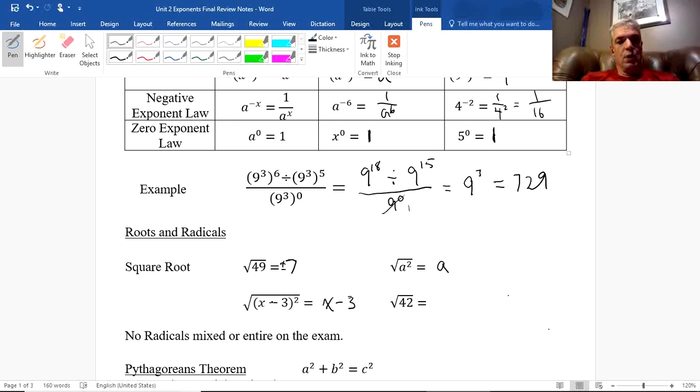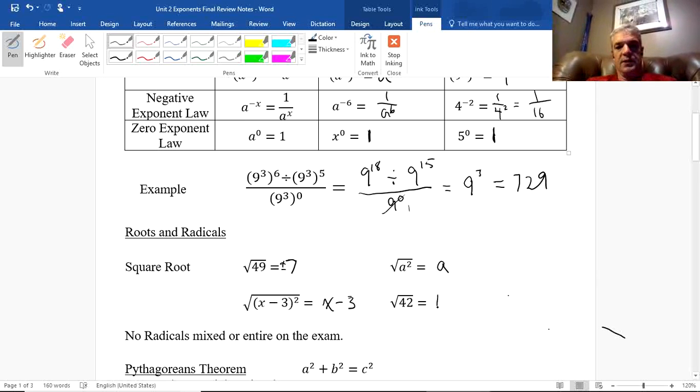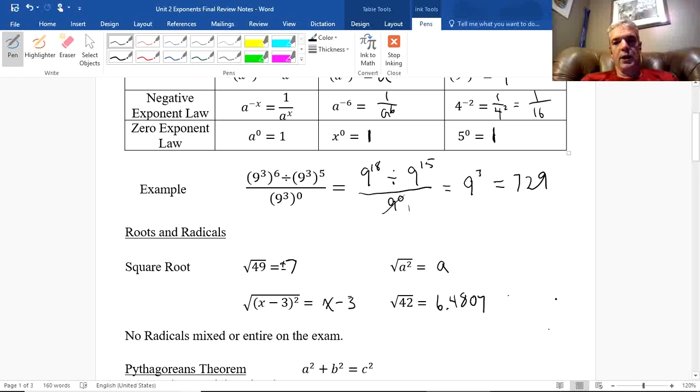So square root of 42, you need to use your calculator for something like this. You can't just memorize them, although we do memorize most of the perfect squares, right? And I will list those for a quick second, at least up to 12 times 12. This works out to 6.4807... Just keeps going on and on. It's what they call non-repeating, non-terminating.